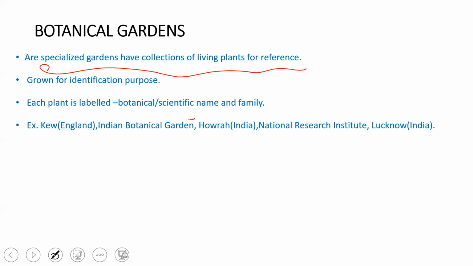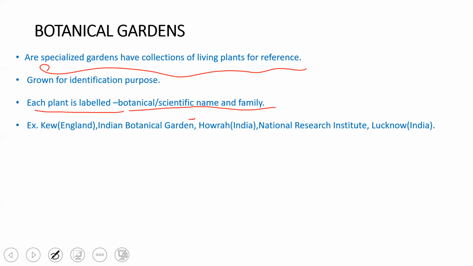Each plant is labeled with its botanical or scientific name along with the family, which is mandatory. Along with that, there can be a lot of other information, as I told you, like the age of the tree, the place of collection, and some importance of the plant. So, the history behind the plant. Any other information can also be printed there.